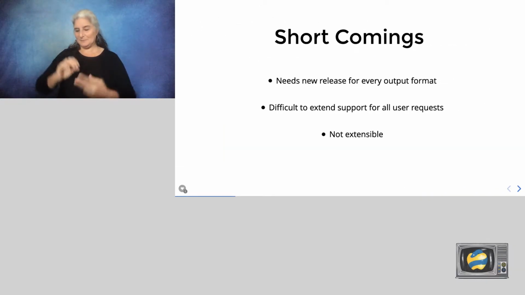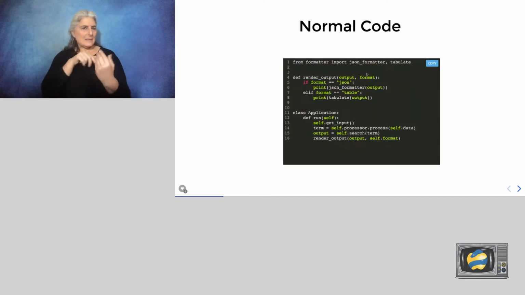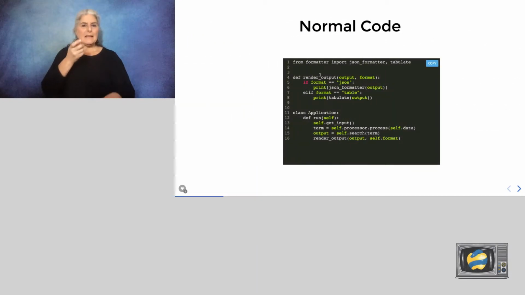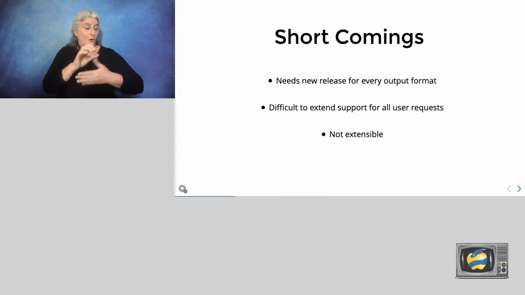So what are the shortcomings of this function, render output? The first shortcoming is that it is hard to support all the available formats. As the number of formats increases, it becomes hard to keep up, and it needs a new release for every new format. Second, it is difficult to extend support for all user requests for output formats.